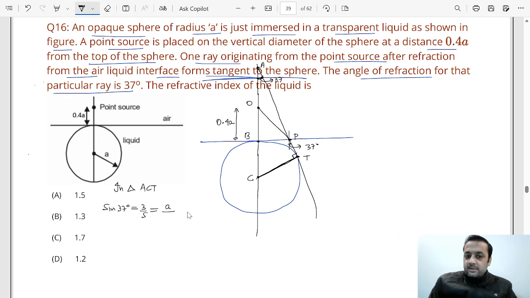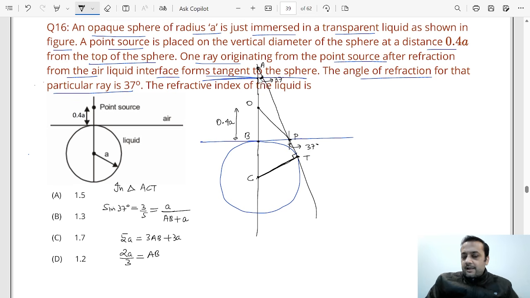AC can be written as AB plus BC, and BC is again the radius. So if I cross multiply, 5a will become 3 times AB plus 3 times a. That means 2a by 3 will be AB. So the value of AB we have found out.